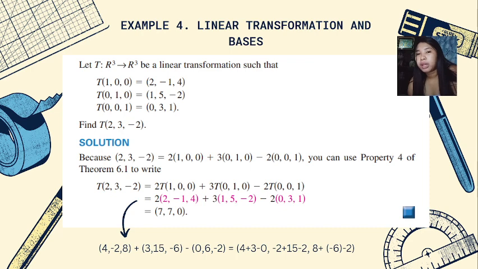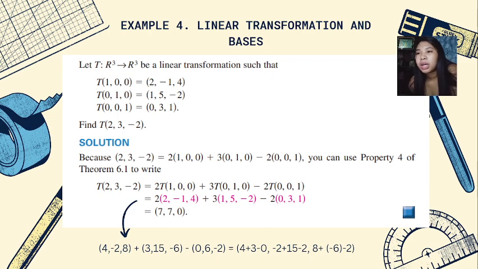Whenever we multiply or add vectors, we do not directly distribute to multiply the number. So, we can write it this way. T(2,3,-2) is equal to 2T(1,0,0) plus 3T(0,1,0) minus 2T(0,0,1).